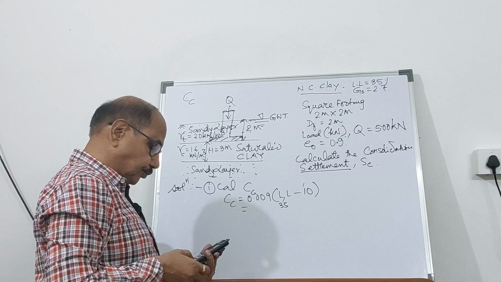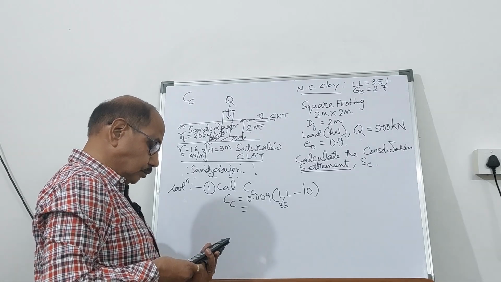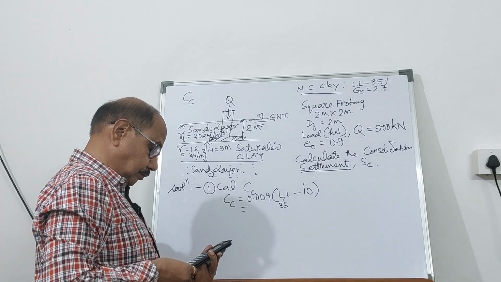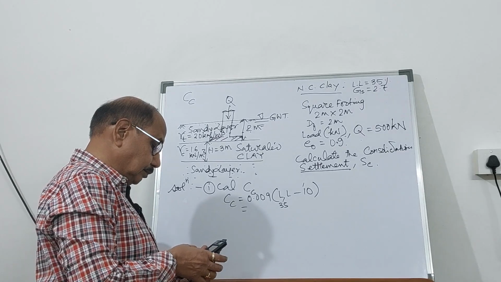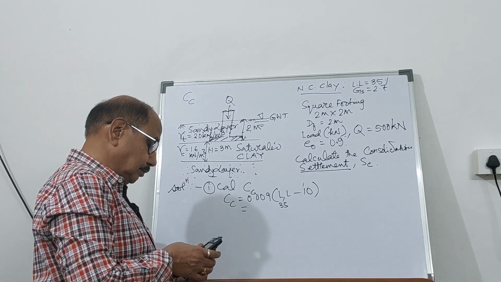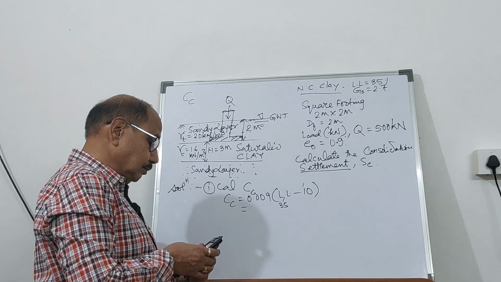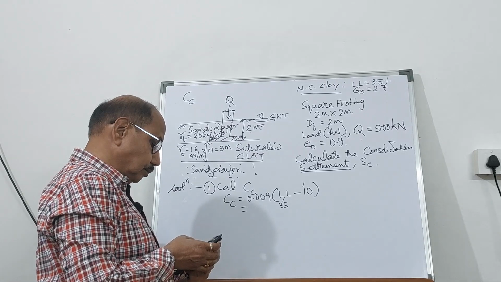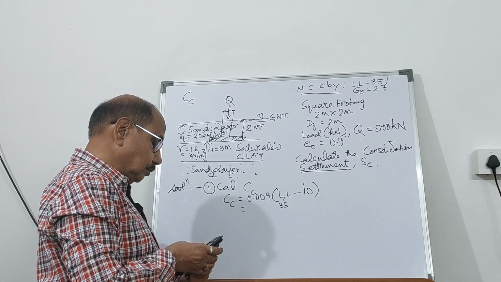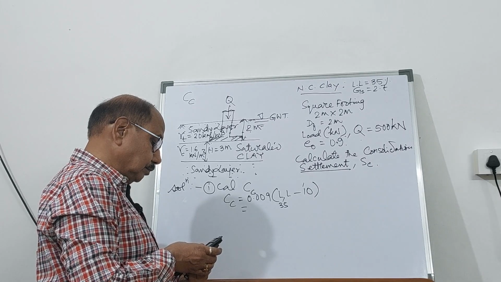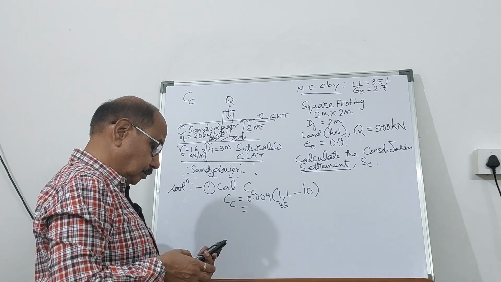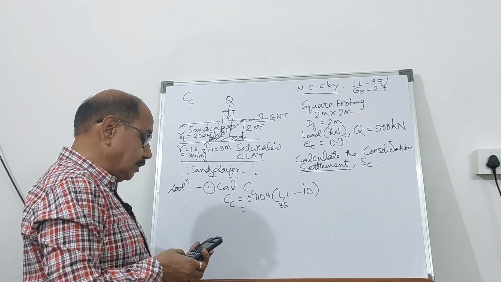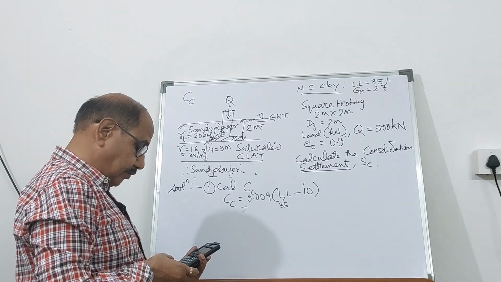So we can calculate now. 0.009 multiplied by 35 minus 10.